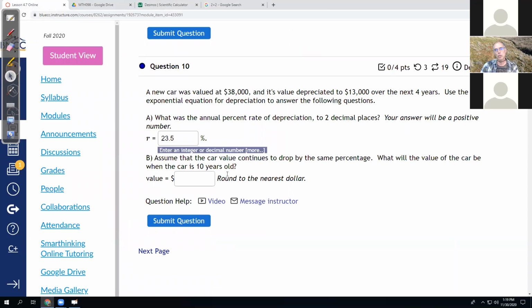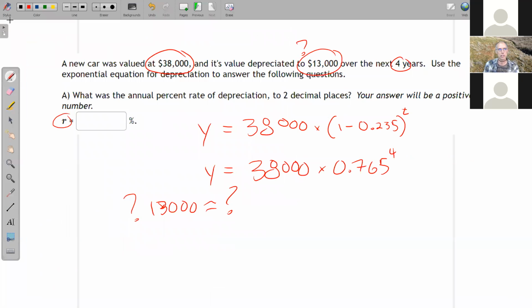Now they say, okay, well, what's going to happen when the car's 10 years old? Well, I have an equation now, right? I can just use it because I know what the growth rate is. So next, let t equal 10 for 10 years.